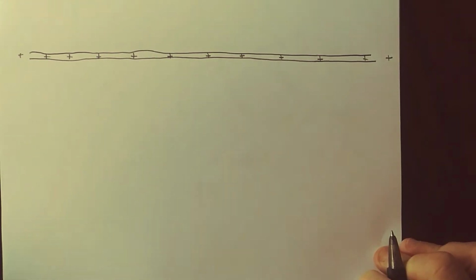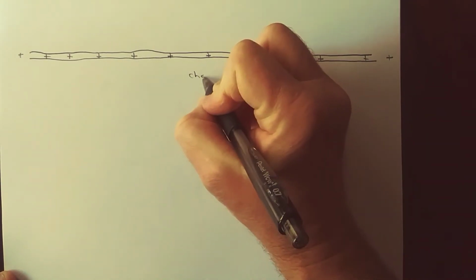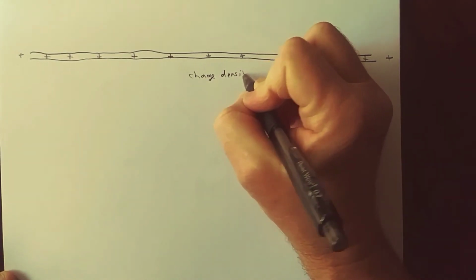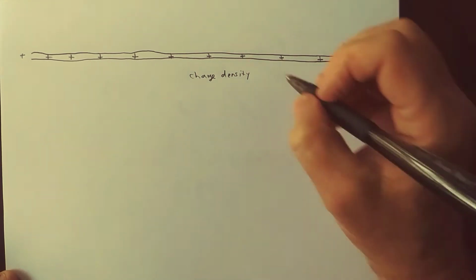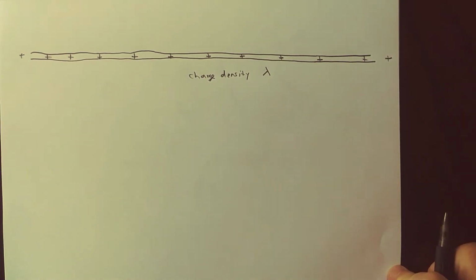And let's say that we have a charge density. The charge density is the amount of charge divided by the length. Let's say we know that, and it's given as lambda.